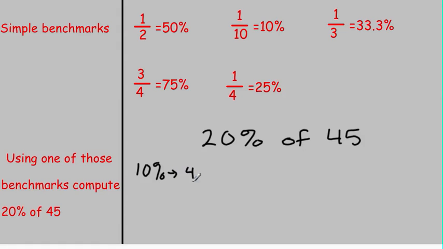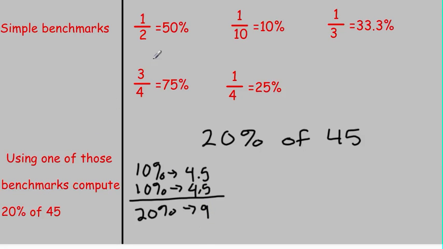So 10% would be 4.5. And for 20%, well, I'd want two 10%s because 10% and 10% is 20%. And 4.5 plus 4.5 would give me 9. That's one way of doing this.